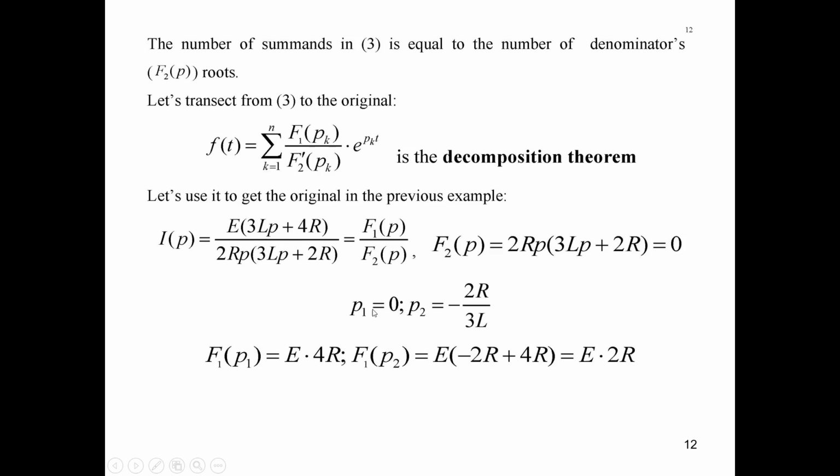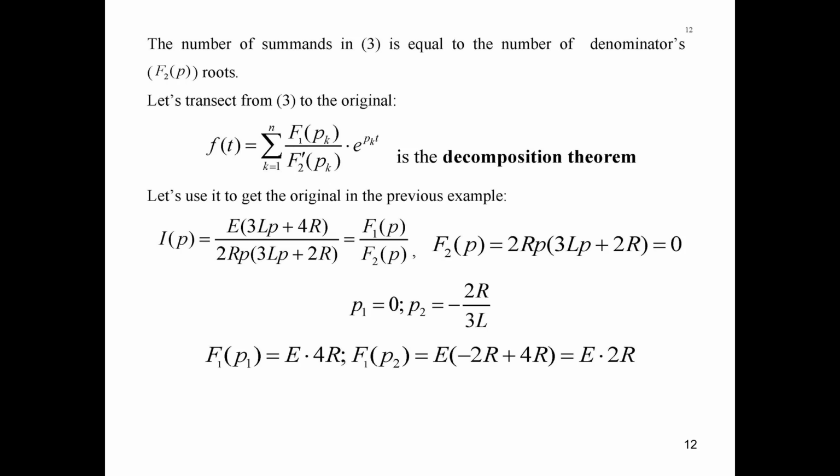Then we should determine the derivative of the denominator by p. It's phi2, the derivative of phi2 by p. This sign means that. So let's do it. You see, the first summand here will be 6rl multiplied by p power 2.